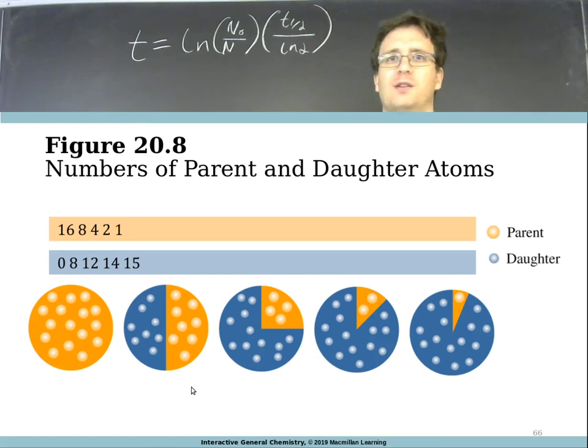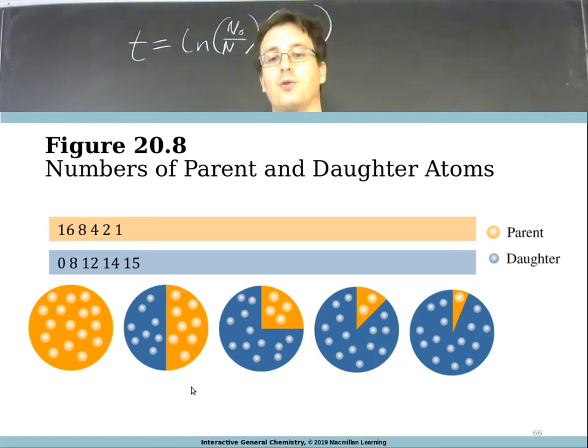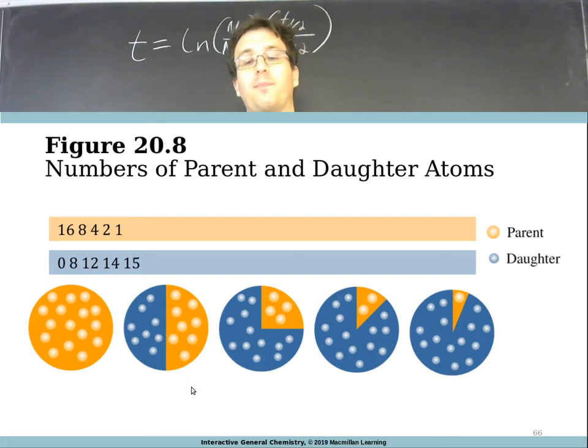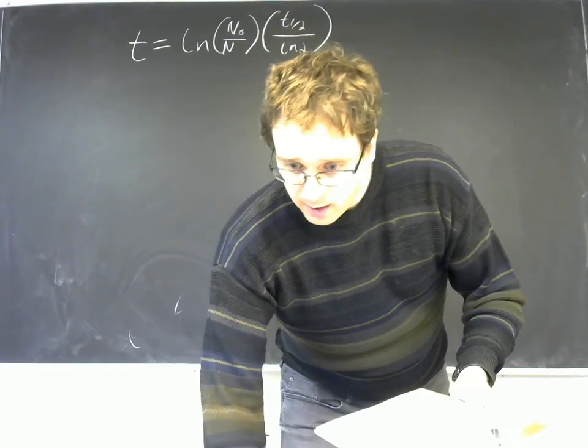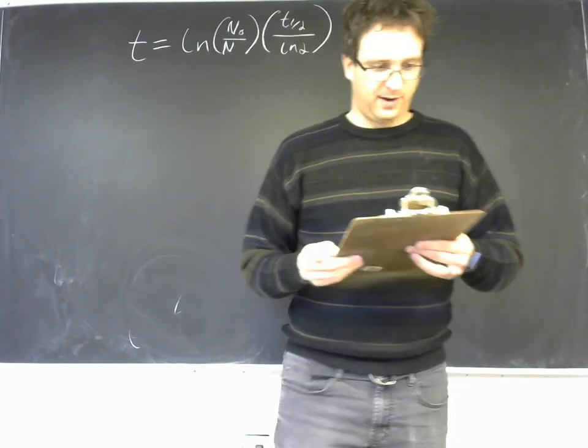So we can look at a sample, and let's say we note that there are 4 of the parent isotope left and 12 of the daughter, and we'll say, oh, 2 half-lives have elapsed, and depending on what the half-life is, that means it's 4,000 years old or whatever. So we'll get rid of that bad figure.